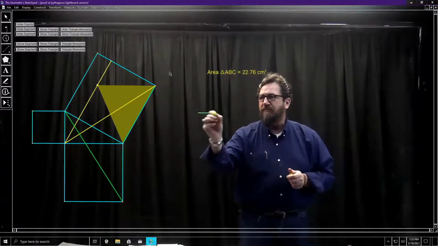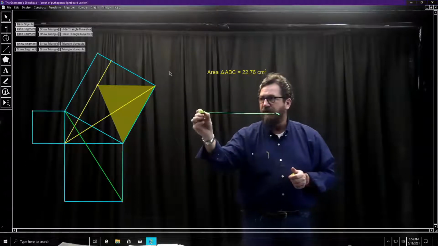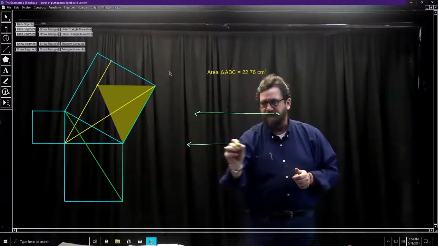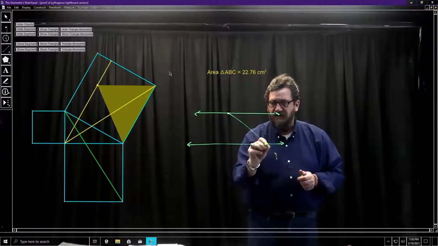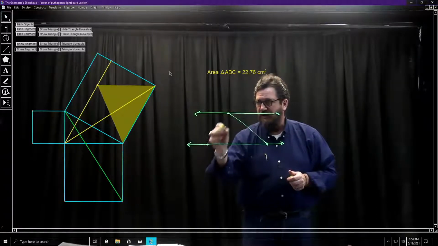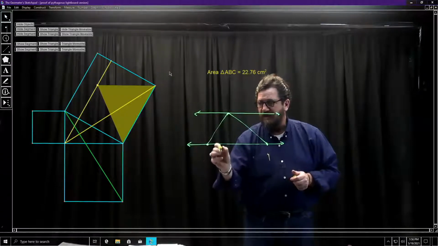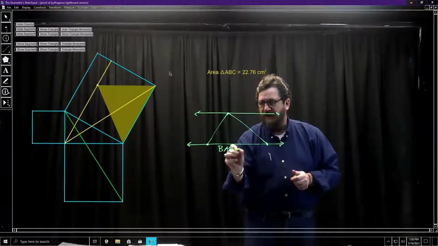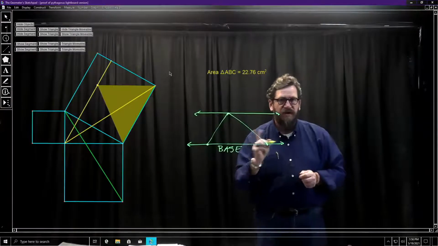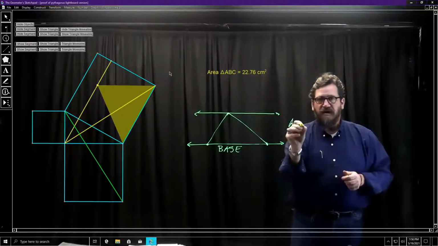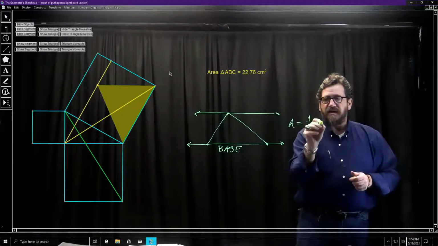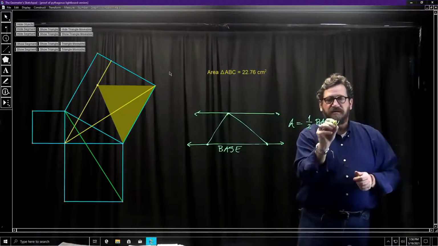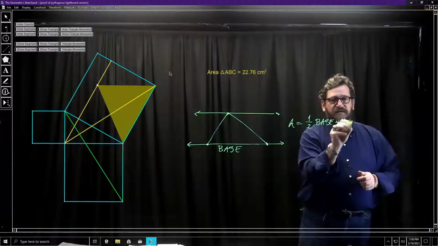Euclid noted that between two lines that are parallel to each other, if I were to draw a triangle, and we name this side the base, we know that the area of this triangle is 1/2 the base times the height.